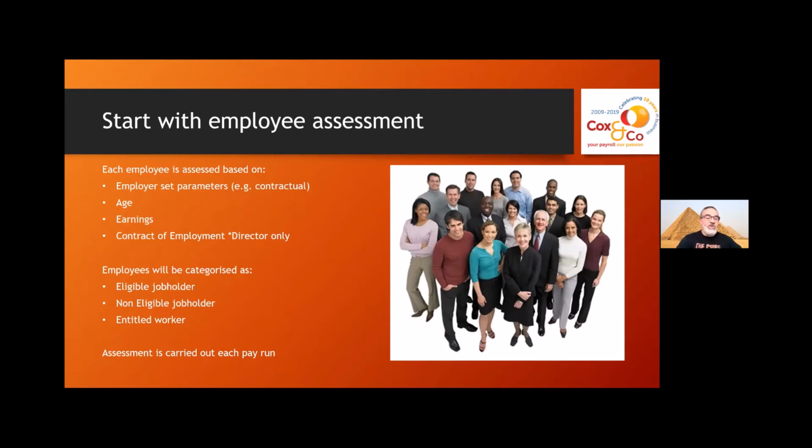Everyone else will be categorized as either an eligible job holder, which is the category of worker which is automatically enrolled at that point in time, a non-eligible job holder, so they won't be automatically enrolled at that point in time, and an entitled worker who is also known as a worker without qualifying earnings, which is a bit better than entitled worker. Entitled worker sounds like they're entitled to something, which they're not really. So a worker without qualifying earnings.